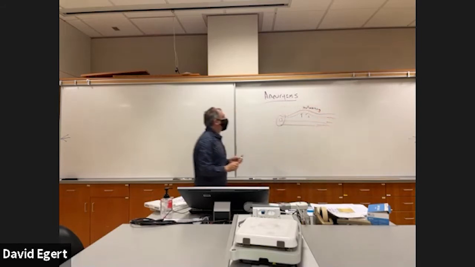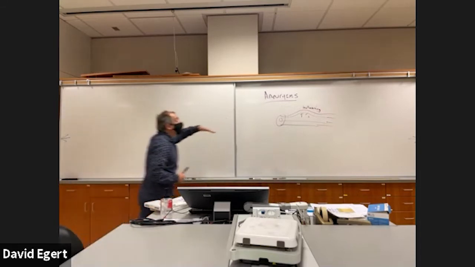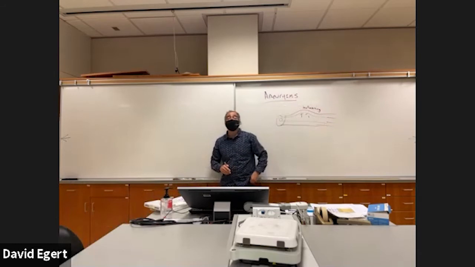That's an aneurysm. In and of itself, it can cause problems because it's going to be putting pressure on surrounding structures. But much more concerning is the fact that it might burst, in which case you're going to have major hemorrhaging.